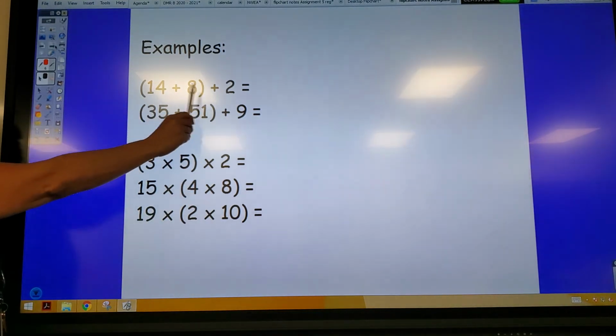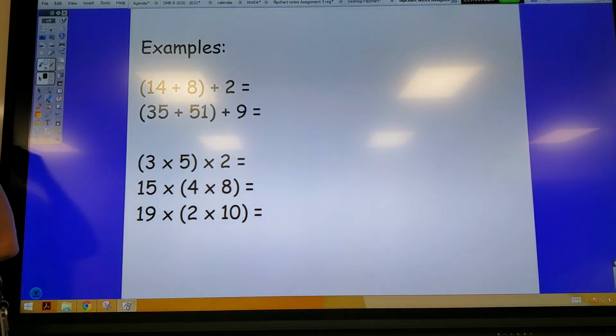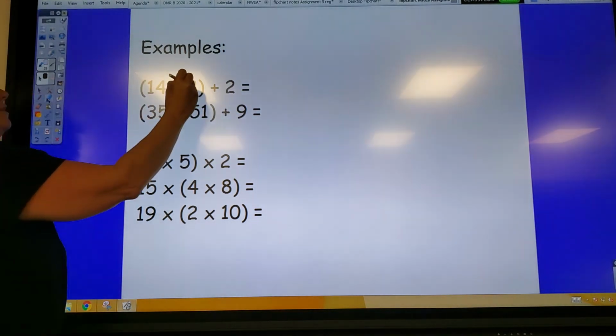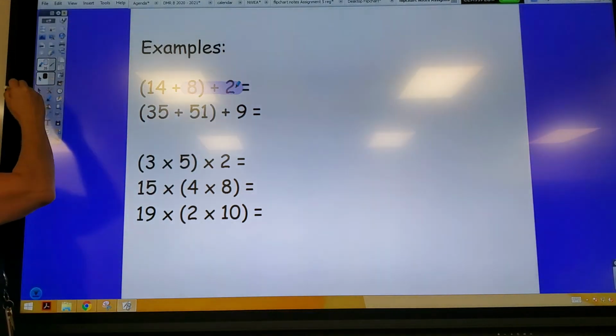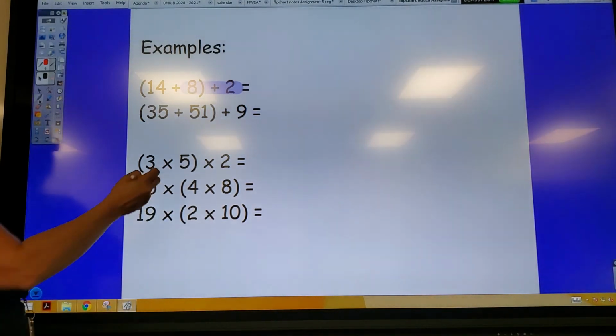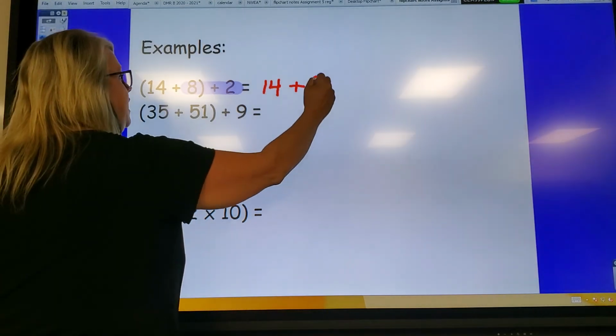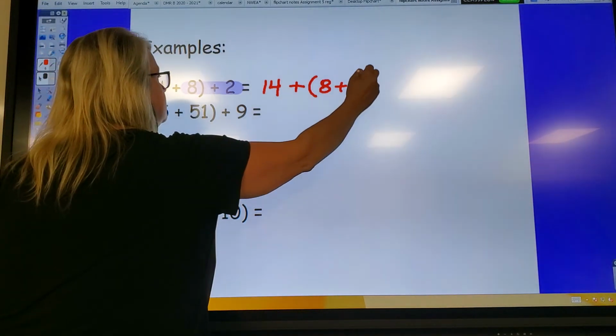Now, in this addition example, right now we have 14 plus 8 that are going to be added together, but it'd be a lot easier to add what? 8. The 8 and the 2 would be a better match. Okay, the 8 and the 2 would be a better match. So if I was going to show the associative property, I would want to leave my 14 first and then have my 8 plus 2 in parentheses.